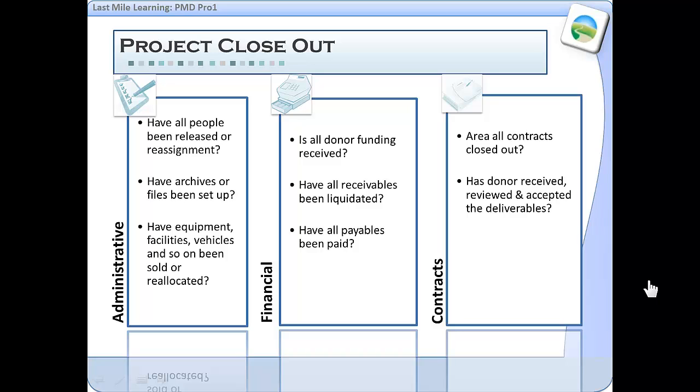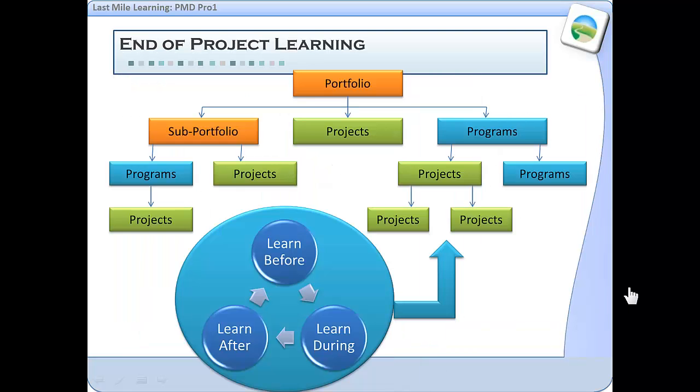Pay attention as you're studying for the exam, thinking about the different activities that are involved in project closeout or transition. And remember that the PMD Pro groups a set of activities into administrative, financial, and contracts. Just have a good look at those before you complete your studying process.